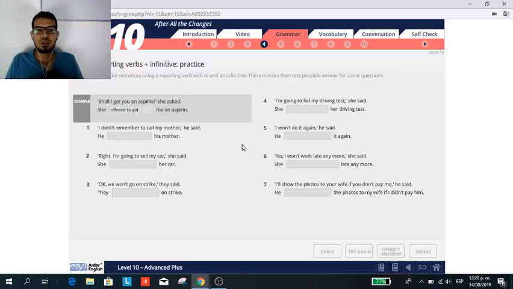So here we have an example. "Shall I get you an aspirin?" she asked. Then she offered to get me an aspirin. Now let's go with the first one. "I didn't remember to call my mother," he said.